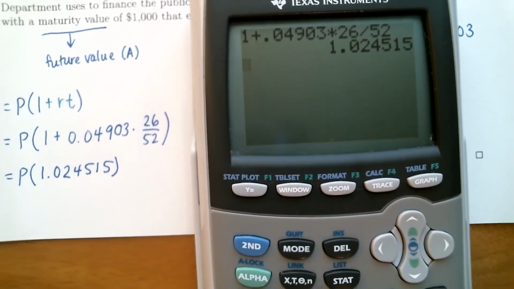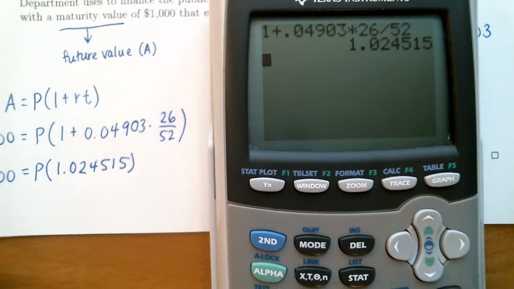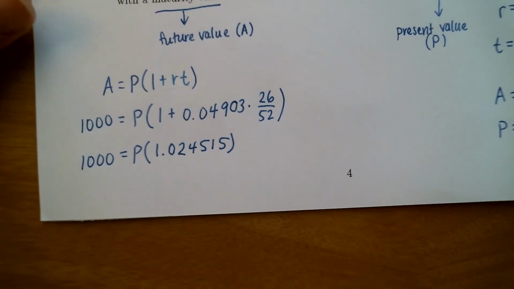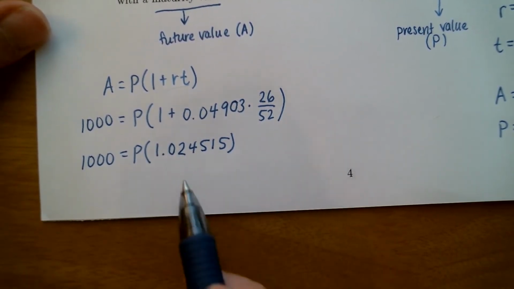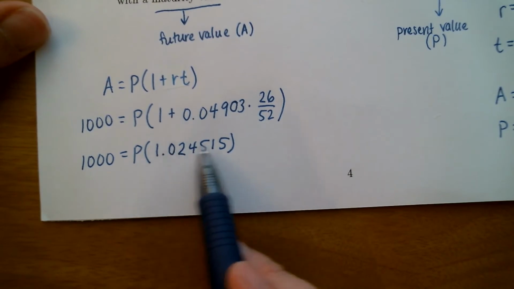Like I've told you before, if you start rounding early, all those roundings will compound, and then your final answer will be off by a bit. You don't want that. So this is the number that you're multiplying P by. If you want to solve for P, you have P times this value, so to undo that, you need to divide by this number.